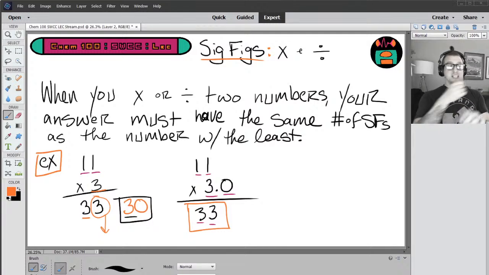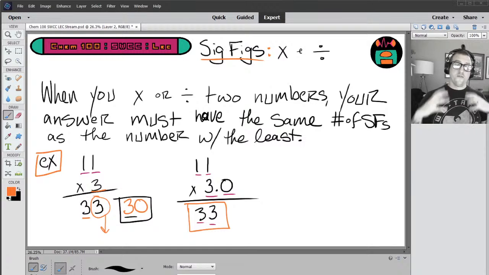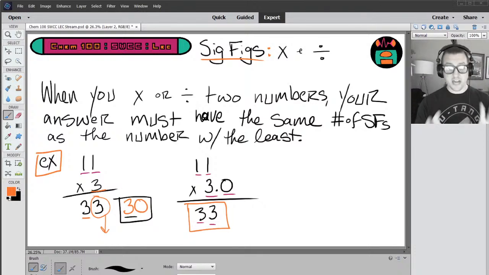Rox, you are not alone. This is probably the most challenging thing, especially early on in this course, for the majority of students that I teach. The only way to get used to this is doing problem after problem after problem. You have to do enough of these so that they feel like second nature. You have to get the repetition in, because this is the one thing in this class that never goes away.